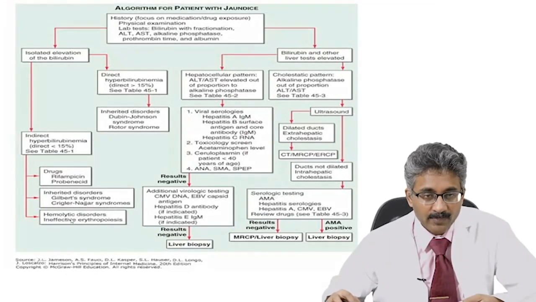Then overproduction of bilirubin by hemolytic disorders and ineffective erythropoiesis. If there is a direct hyperbilirubinemia, then you think of Dubin-Johnson and Rotor syndrome. Students, for the time being, let us worry about only this portion of this diagram. I will come back to this diagram again while explaining the hepatocellular and cholestatic jaundice. For the time being, you worry only about the left side of the chart.